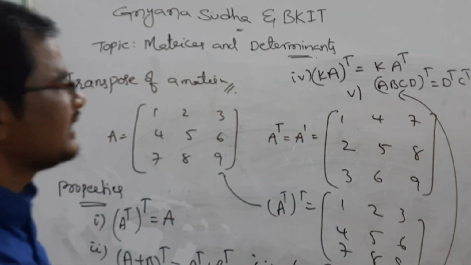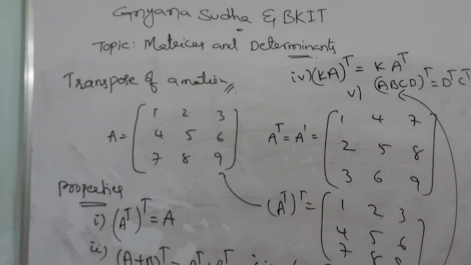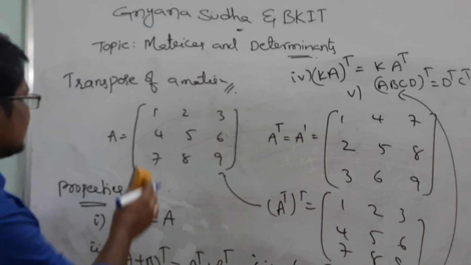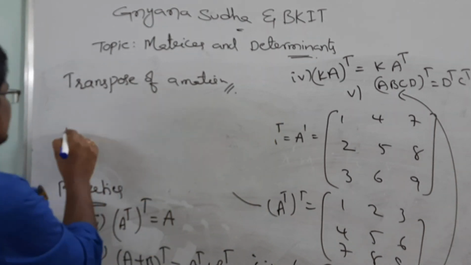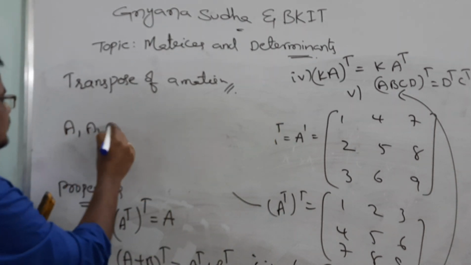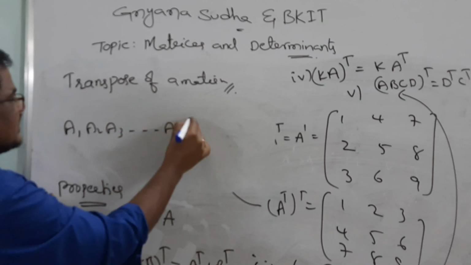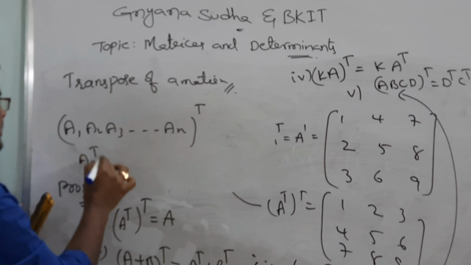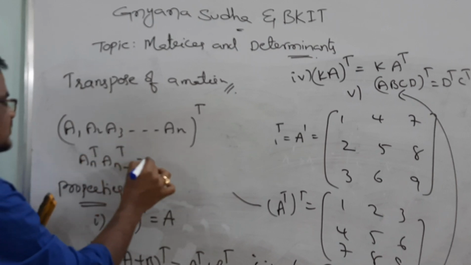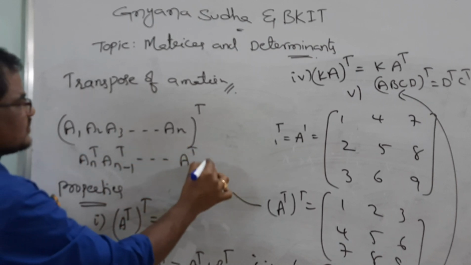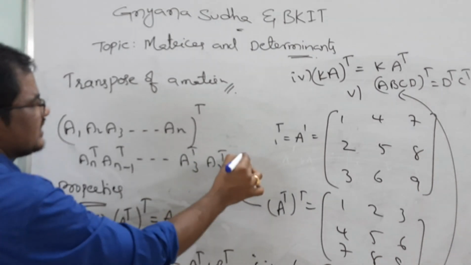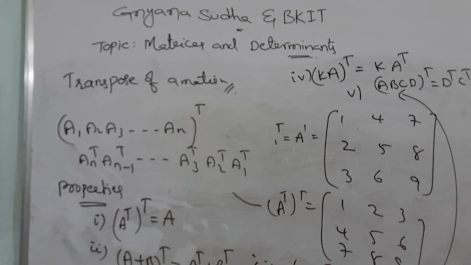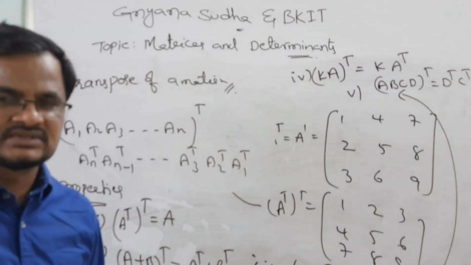You can apply this up to a finite number of matrices. Suppose A1, A2, A3, etc. An, whole transpose is An transpose, An minus 1 transpose, etc., A3 transpose, A2 transpose, and A1 transpose, like this we have to write. Okay, no? So these are the properties of transpose.